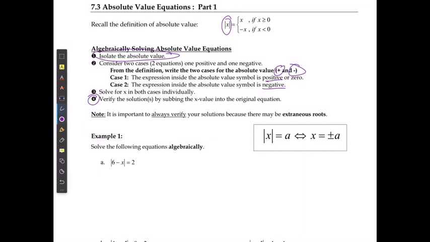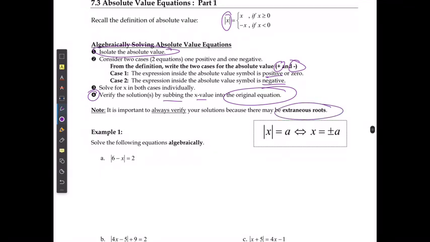Because remember, if I'm doing this, I could wind up with possibilities that don't actually work in my equation. So I can do that by subbing the value of x into the original equation just to check and see if it actually does balance out. There is always the possibility of having extraneous roots, like we saw with those radical equations.